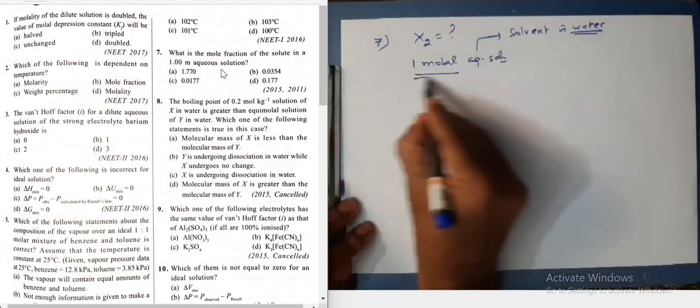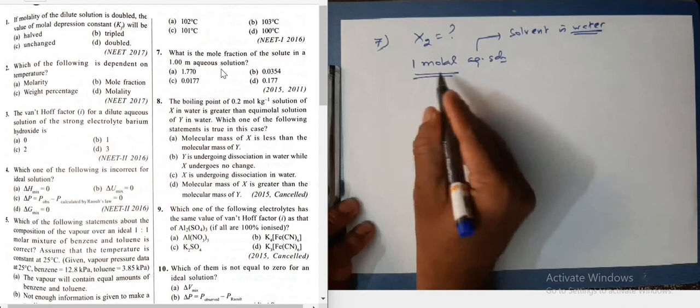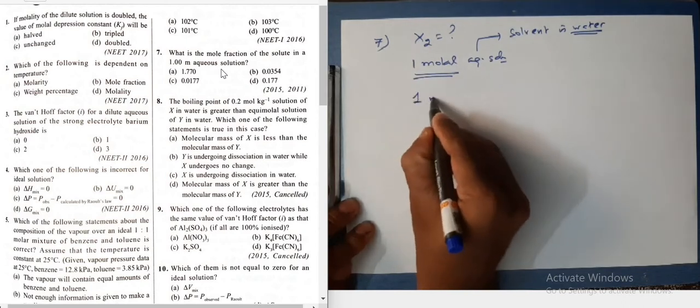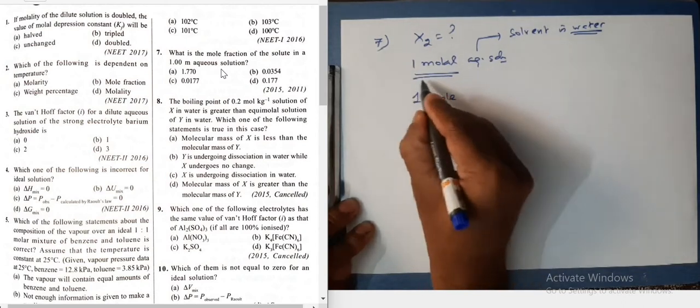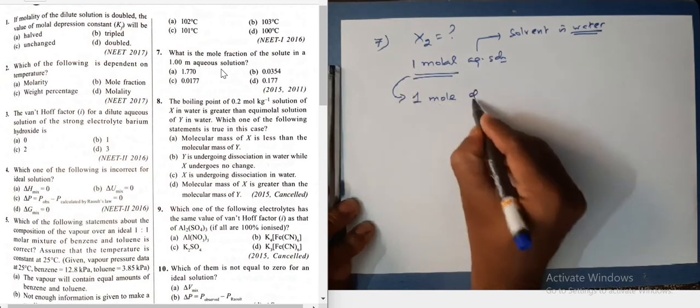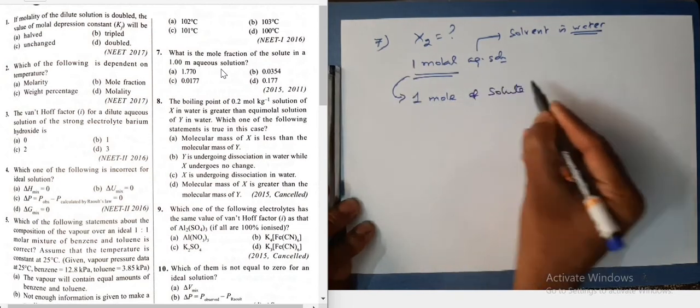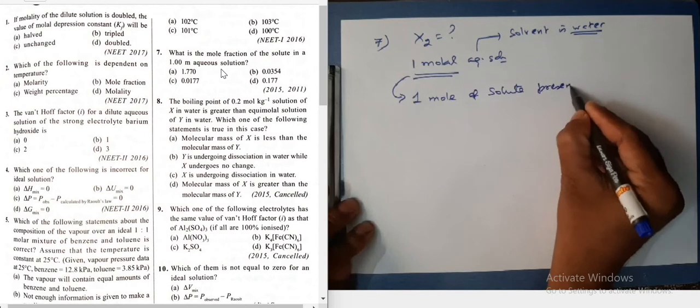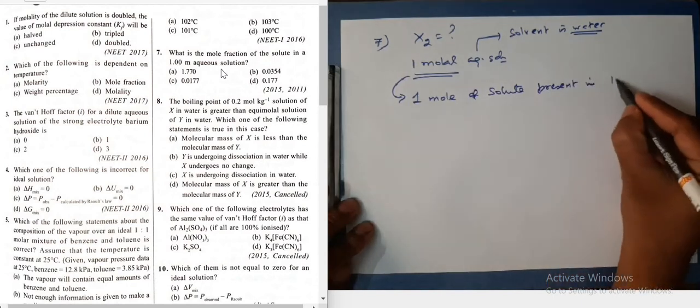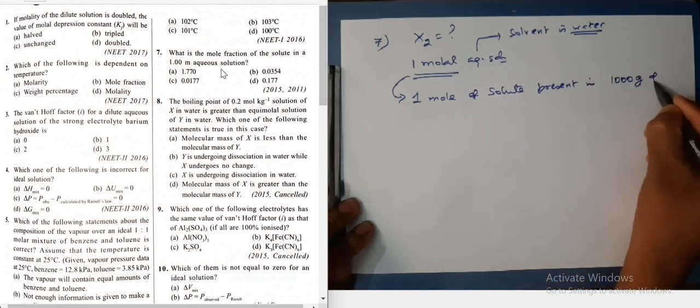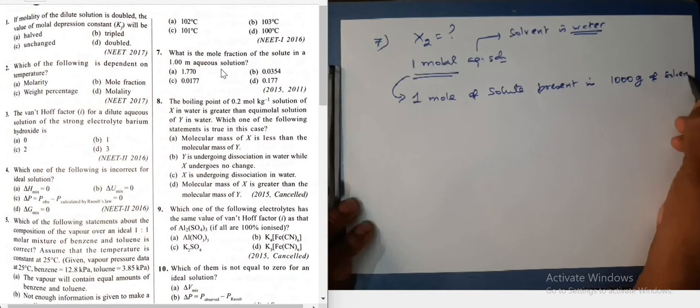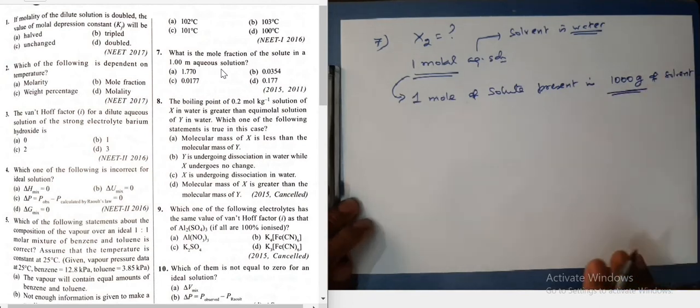What is meant by a 1 molal aqueous solution? You know very well, 1 molal means 1 mole of solute present in 1000 gram of solvent, or 1 kilogram of solvent.